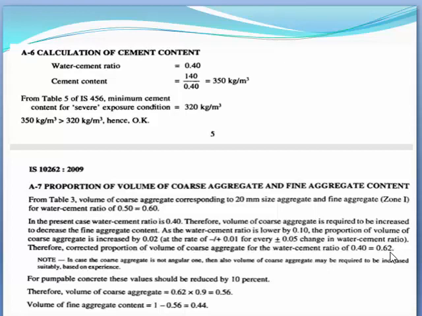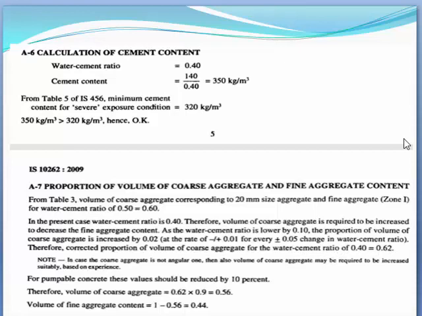How have we reached this value 0.62? Students, it is based upon this particular line, and you need to remember this line. What is the rate of increment or decrement if we are not having the water cement ratio of 0.50? Then what do we have to do? How do we adjust the value? You have to adjust the value at the rate of minus/plus 0.01 for every plus/minus 0.05 change in the water cement ratio.